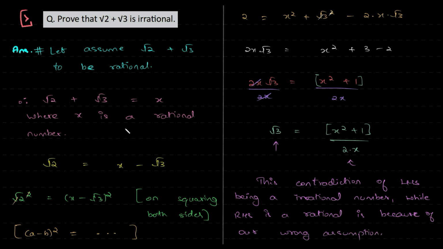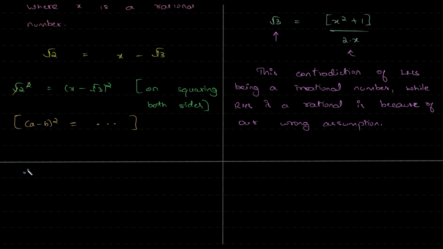Right, guys? So we assumed it wrong. We started with a wrong thing. That's why we ended with a wrong scenario. Therefore, we have root 2 plus root 3 is irrational.